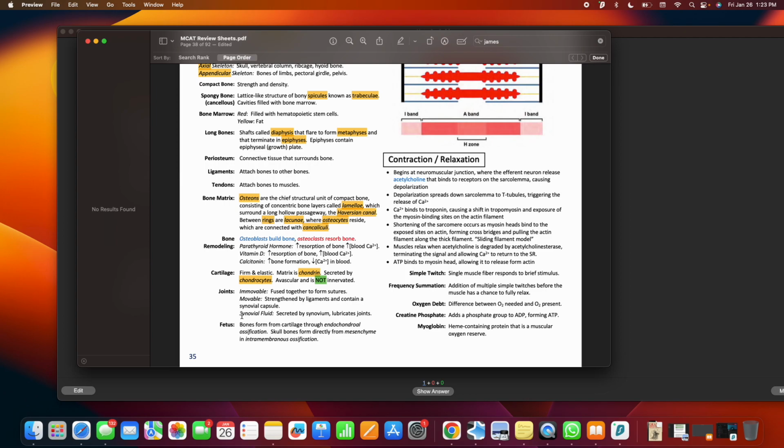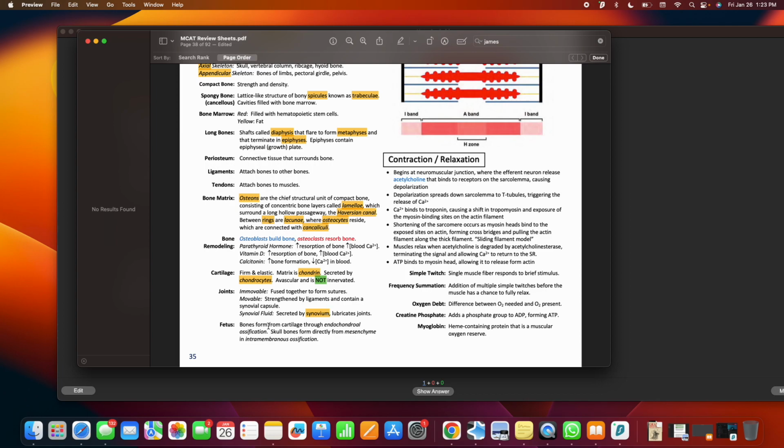So synovial fluid is secreted by synovium, and that lubricates our joints. What's the difference between the movable and immovable joints? The movable ones are strengthened by ligaments and contain a synovial capsule, but the immovable ones don't have a synovial capsule. They're fused together to form sutures.